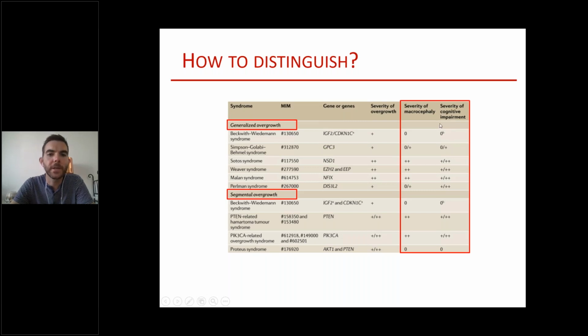Because usually patients with BWS have a normal cognitive development. Simpson-Golabi-Behmel can present with normal cognitive development or only slight cognitive impairment, and the other syndromes are classically associated with a more severe cognitive impairment.